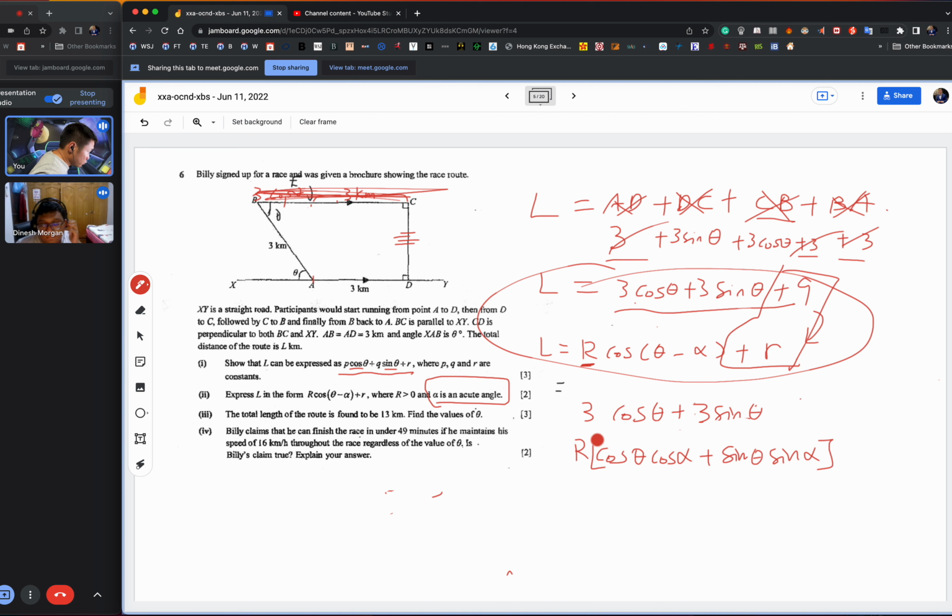Thank you. So you times the r in, you will get r cosine theta cosine alpha, r sine theta sine alpha. So in a way, this one is gone.